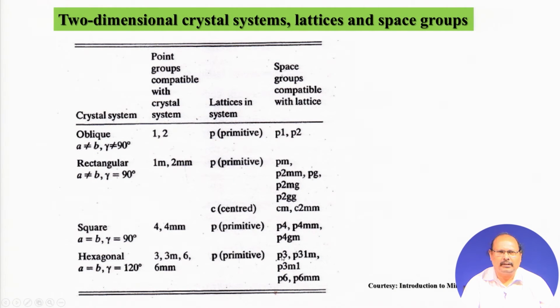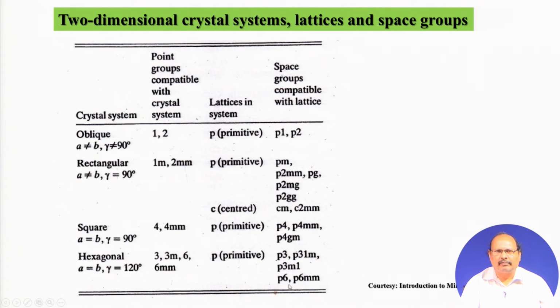So, we call it P 3, and P can also be combined with 3 m combination, but depending on how the translational symmetry direction is related to the directions of orientation of mirror planes, you can have two separate types of combination. One we call P 31 m or P 3 m 1, where 1 essentially refers to the position where the mirror plane and the direction of translation, their angular orientation is meant. I will discuss this shortly.